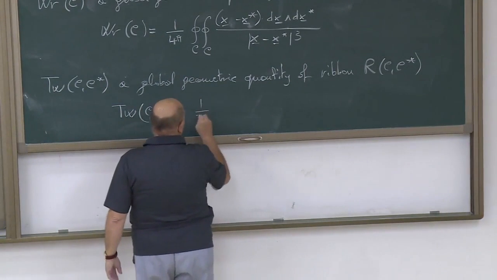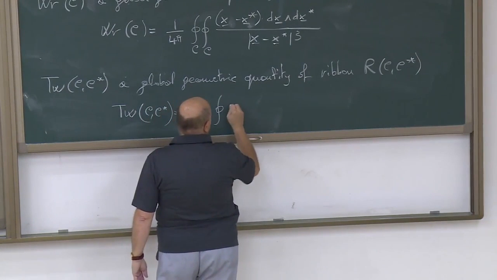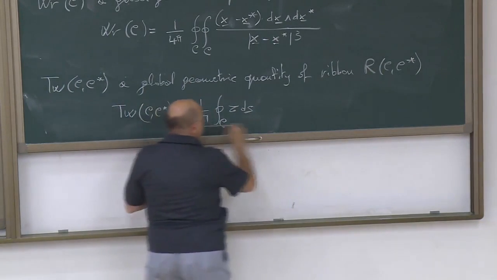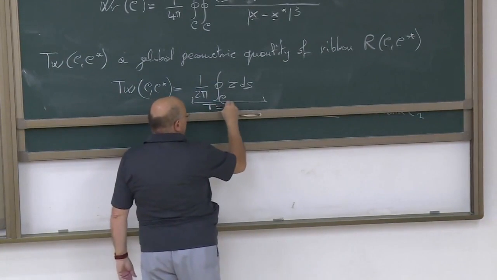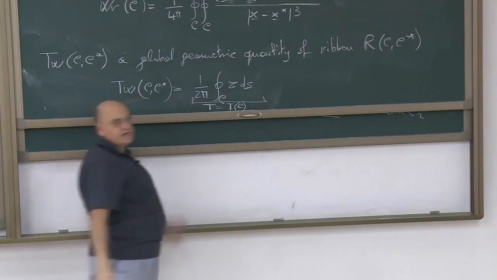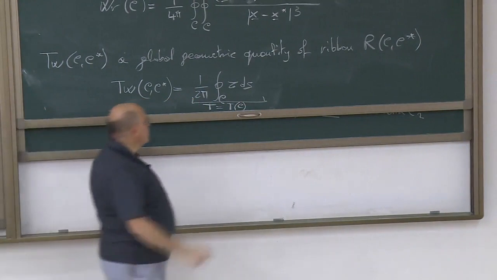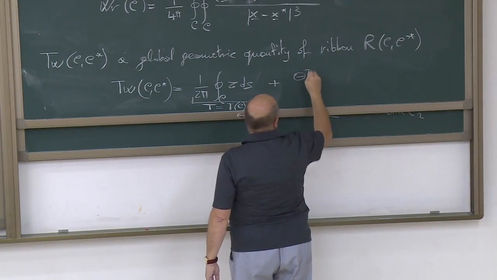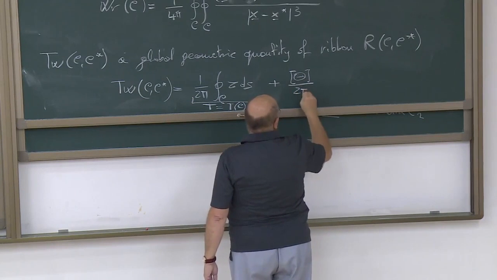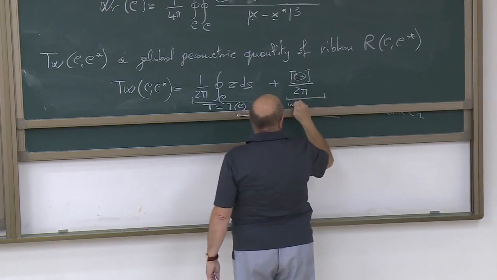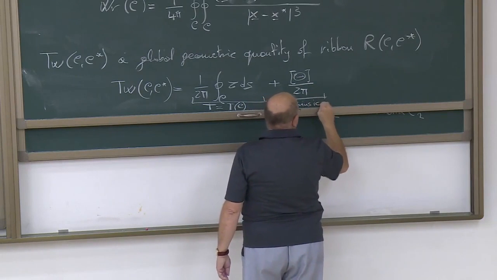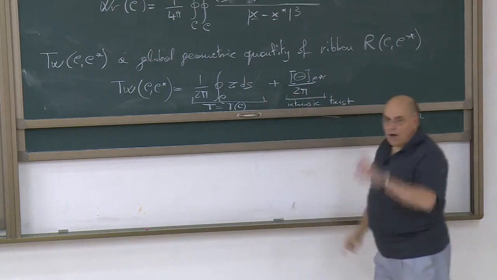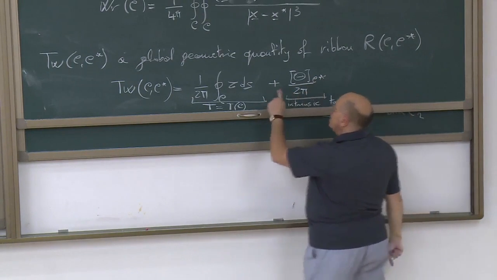We saw it as 1 over 2 pi integral of total torsion ds of C. So this quantity T, total torsion, depends only on one curve, say the center of the tube axis, and there is another one here that depends really on the winding of the second curve C star with respect to the first.